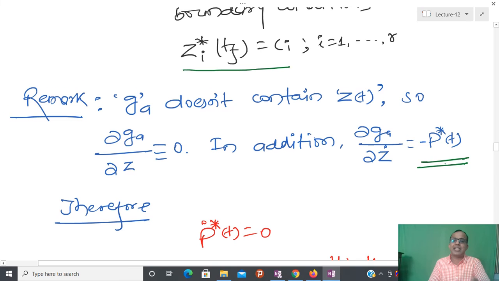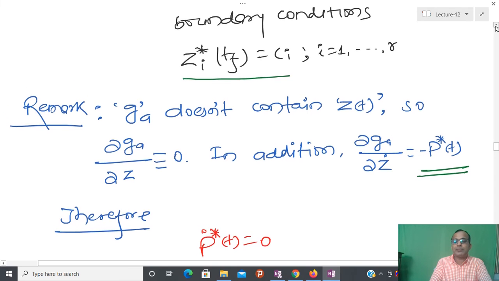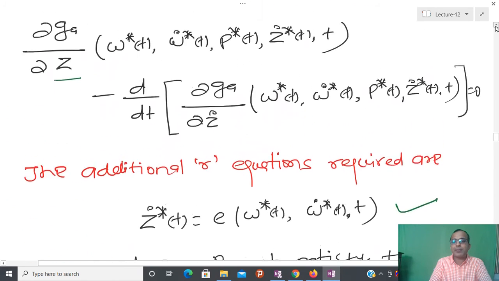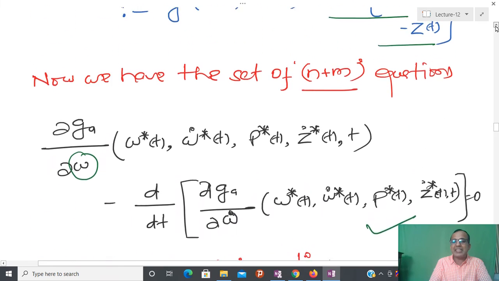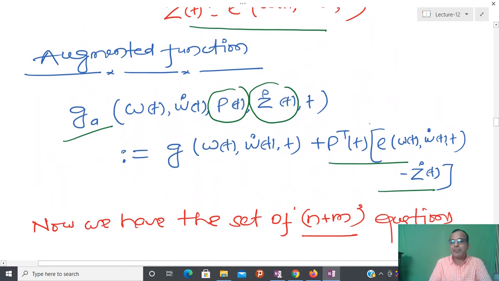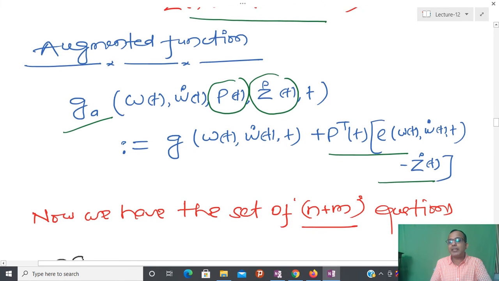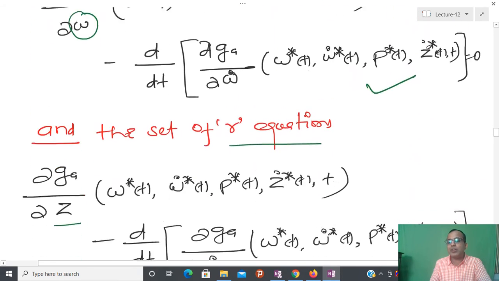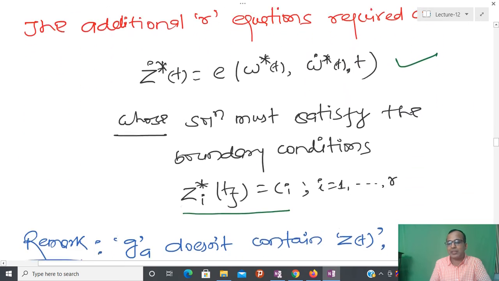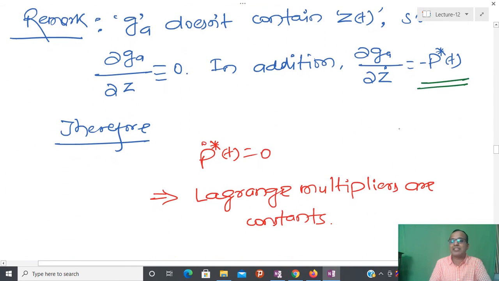Please check it, it is very easy to check, because if you see the augmented function, inside the augmented function I have P transpose T E and z dot, and I am calculating dou Ga by dou z dot. That is nothing but minus P transpose T, or P star you can write, because I have to match the dimension.